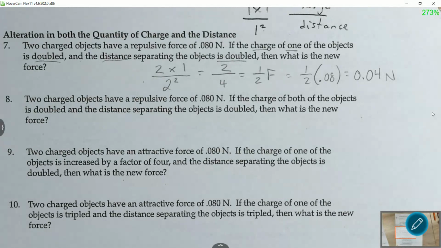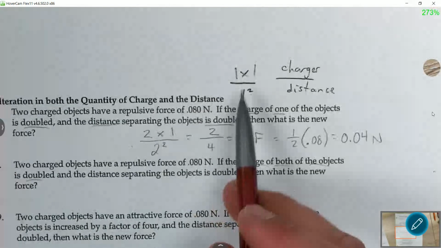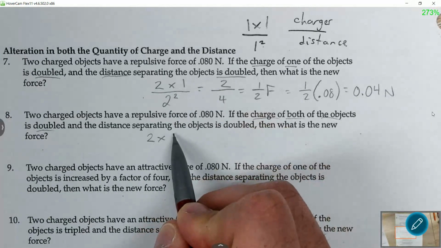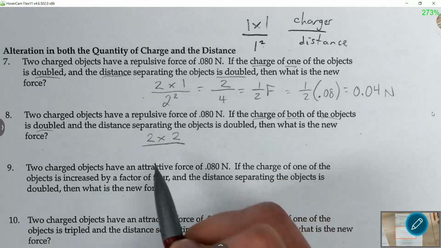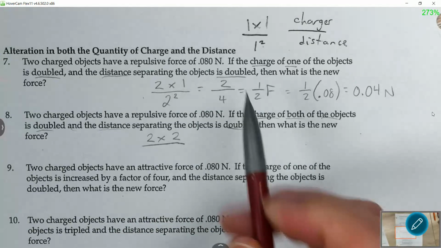Now what are they telling us here? Charge of both objects doubled. So the two ones on top that are charges, it says they both double. So instead of ones, they're both going to be 2s because they both doubled. And the distance is doubled.